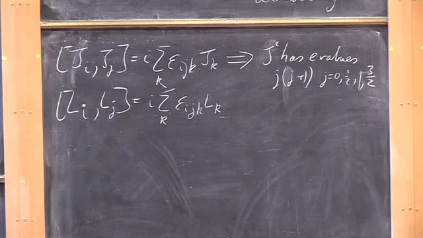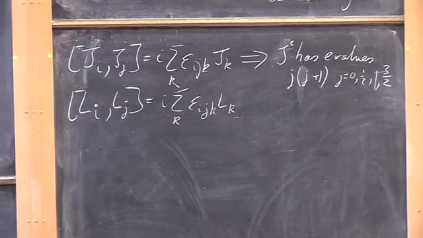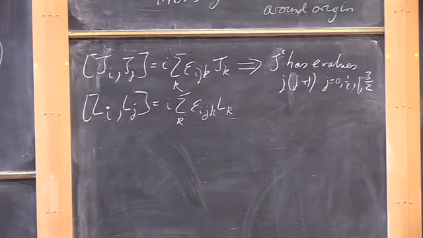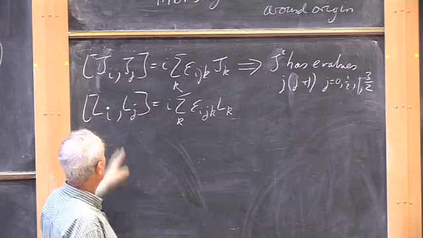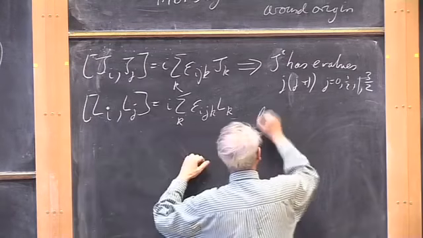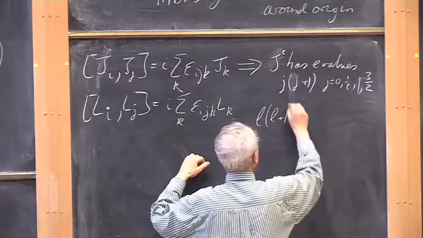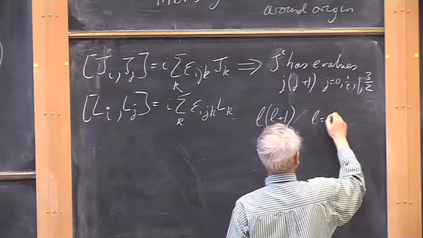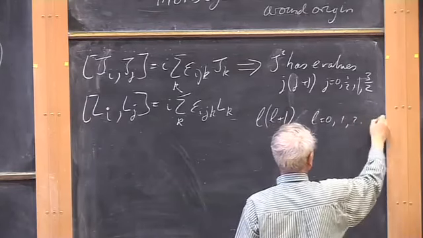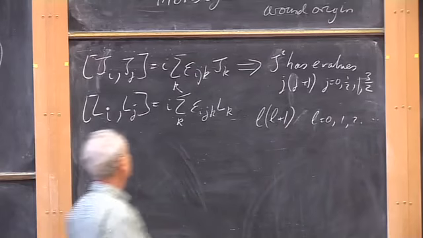But we also had the principle that if we translated something completely around the origin, that was the identity transformation. So we concluded that l had to be l equals 0, 1, 2, integers only allowed in this case.